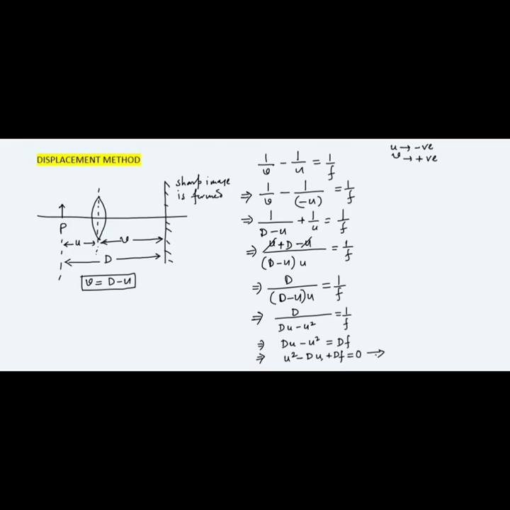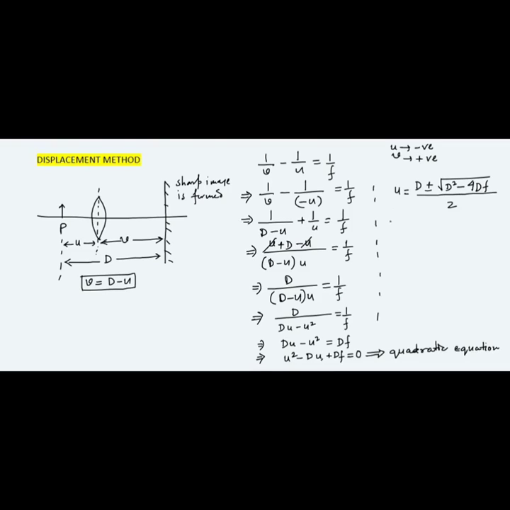So here I can find two values of u. Applying the Sridharacharya formula, u is equal to D plus or minus root of D square minus 4Df, upon 2.